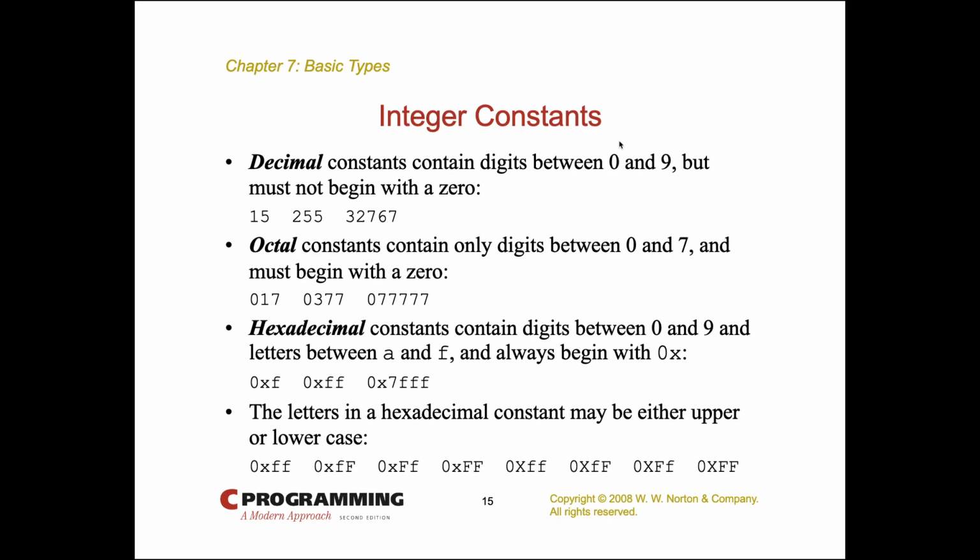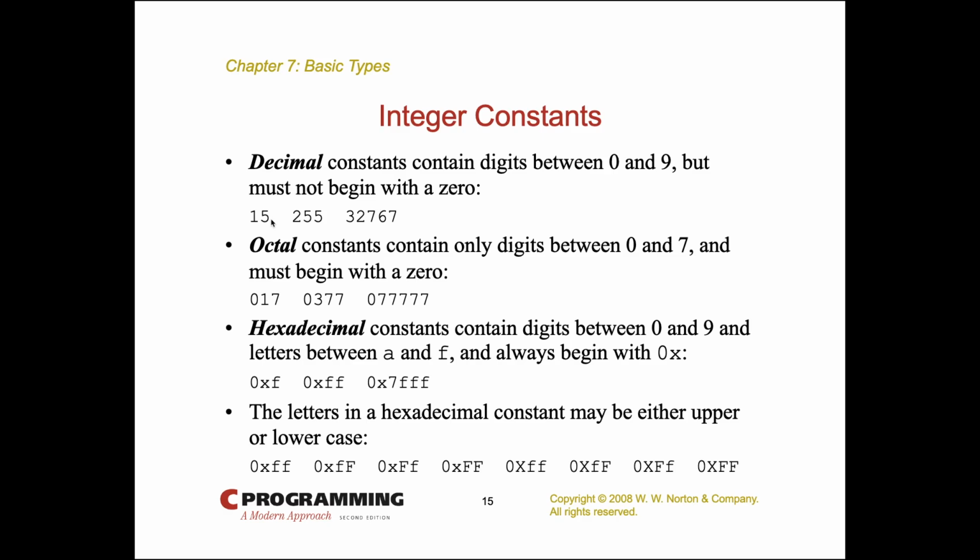Alright, integer constants. A decimal constant contains digits between 0 and 9, but must not begin with 0. Okay, it must not begin with 0, to distinguish whether it is a decimal or octal or hexadecimal number. So we never start a decimal number with 0, right?